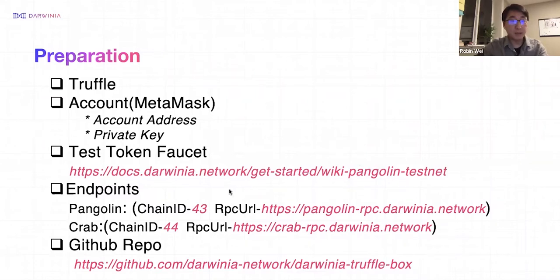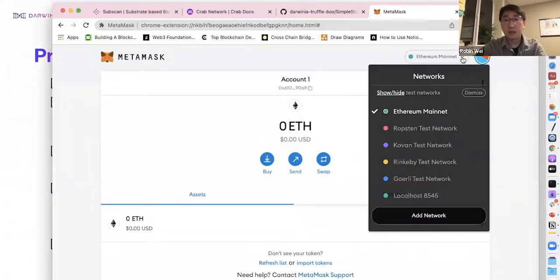And you also need this configuration information on endpoints of Pangolin and CRAP network, the chain ID, RPC URL. Okay, let's do it. Let's add Pangolin to MetaMask.